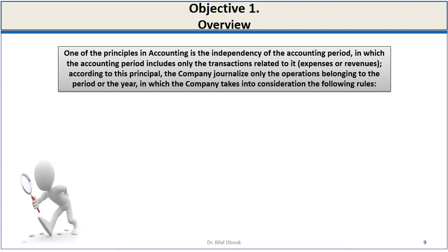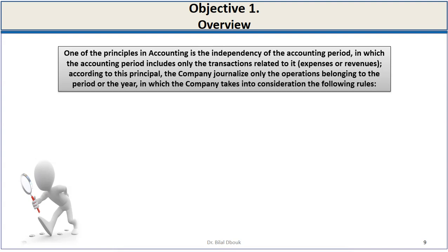Continuing with this objective, as we all know, one of the key accounting principles is the independence of accounting periods. It means that each accounting period must include the transactions related to this period. If I am recording transactions related to 2025, I must record expenses and revenues that occurred during year 2025.